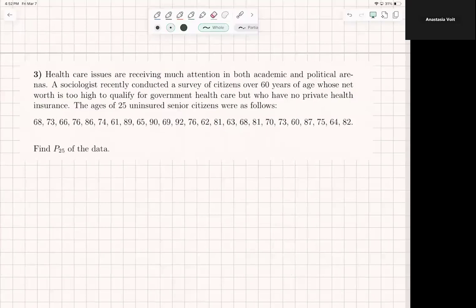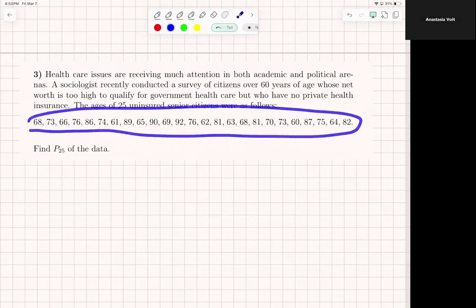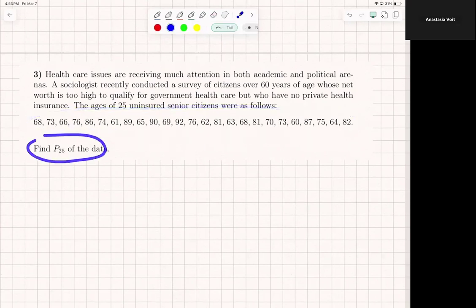A sociologist recently conducted a survey of citizens over 60 years of age whose net worth is too high to qualify for government health care, but who have no private health insurance. The ages of 25 insured senior citizens were the following. So this is all the data that we have, right? And we want to find the P25 or 25th percentile.